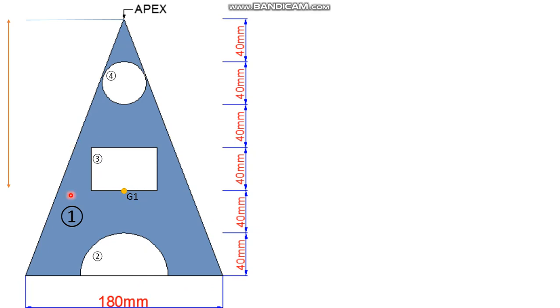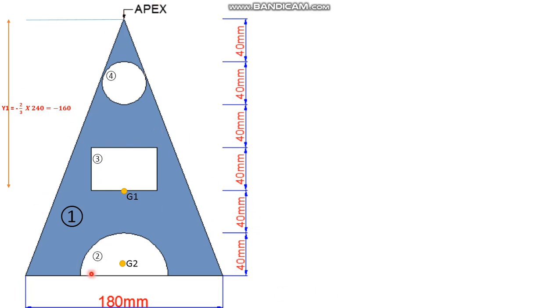From the base it is h by 3, but from the apex it is 2h by 3. The total height of the triangle is 240, so it is 2/3 of 240. Since it is measured downwards, it is negative, so you get minus 160 mm. This is y1 for the whole triangle.